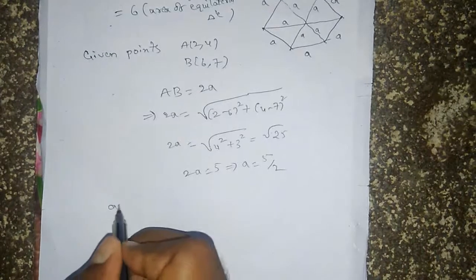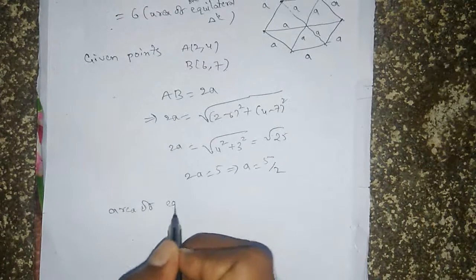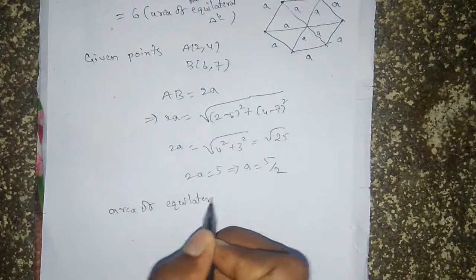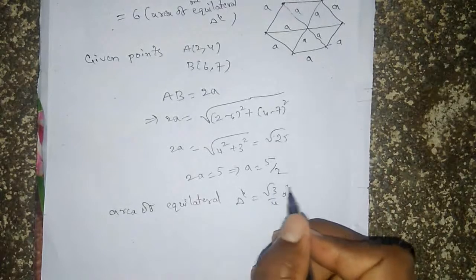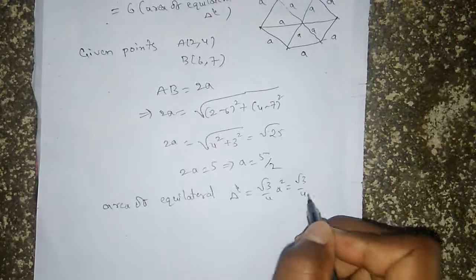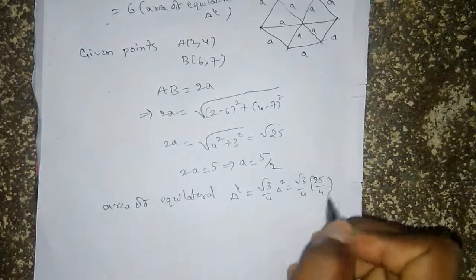Now area of equilateral triangle is root 3 by 4 a square.